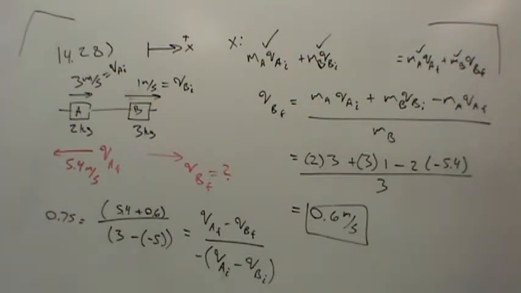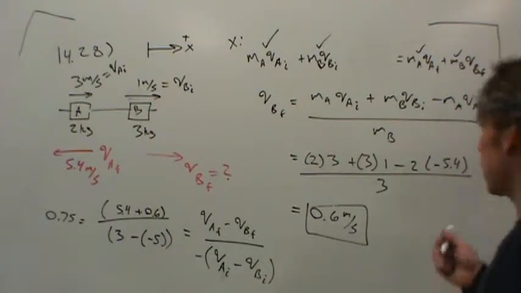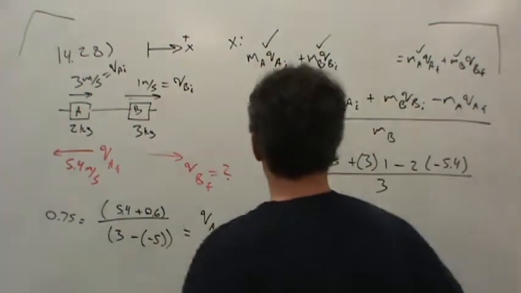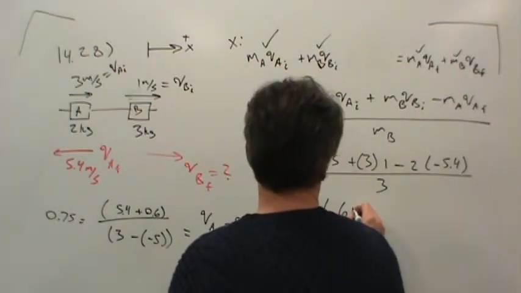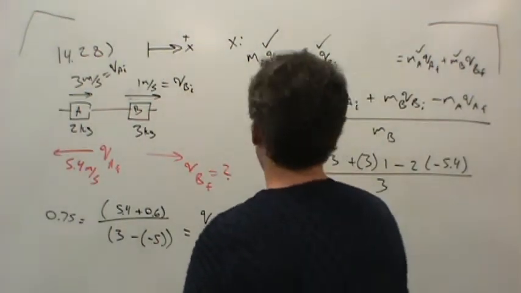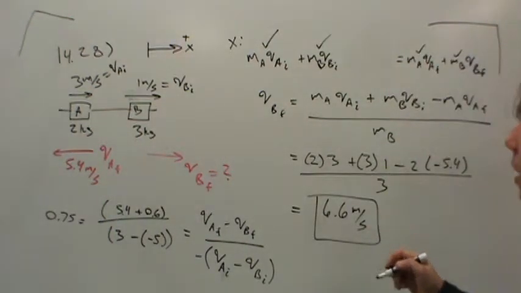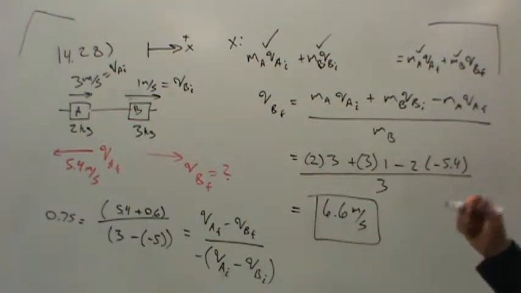Yeah, 19.8 divided by 3, because negative times negative is positive. I came up with 6.6. So 6.6 meters per second. That would be the final velocity of B. It'd be moving to the right.